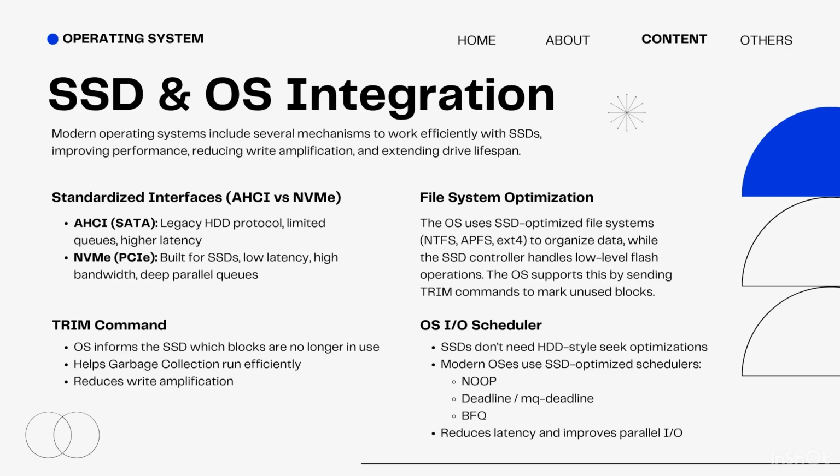Modern file systems like NTFS, APFS, and ext4 are optimized for SSDs. The OS also uses SSD-friendly schedulers such as none and deadline to lower latency and support fast parallel I/O. This makes the system fast.